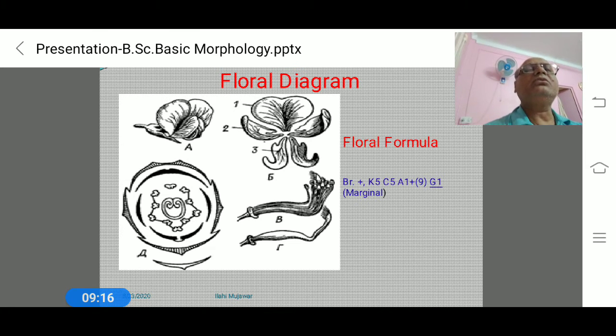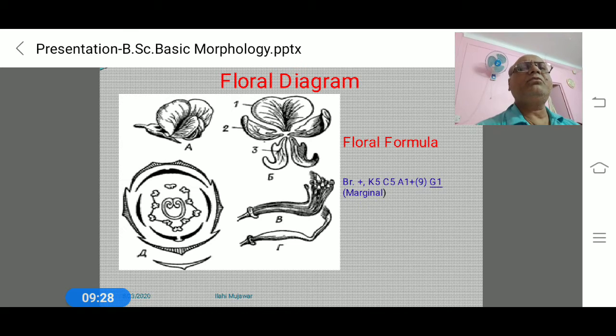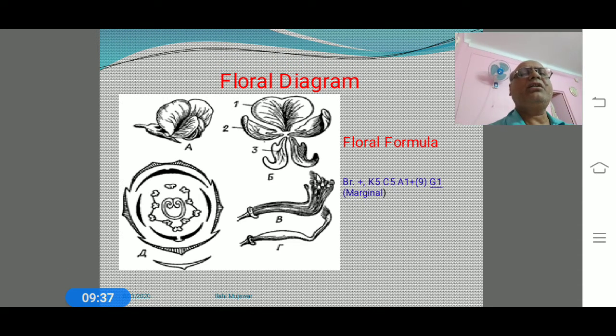So it is also called vexillary type of aestivation, found in the Papilionaceae or the family Fabaceae. For example, pea, Dolichos, and so on, the different types of beans. And from these structures, we have to draw the floral diagram.